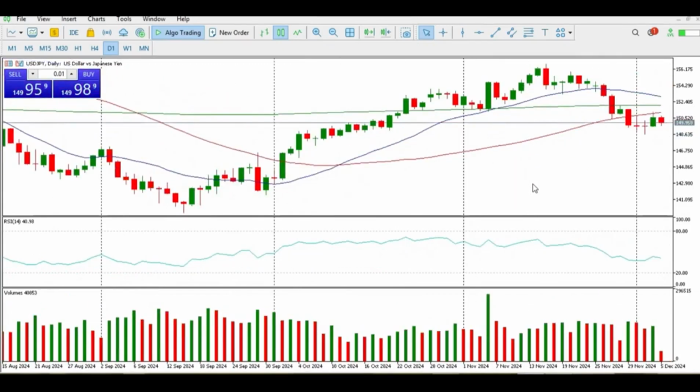We look for the intersection of the lower moving average when it crosses either above to determine a bullish trend or beneath to determine a bearish trend.